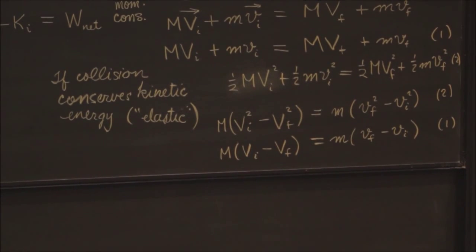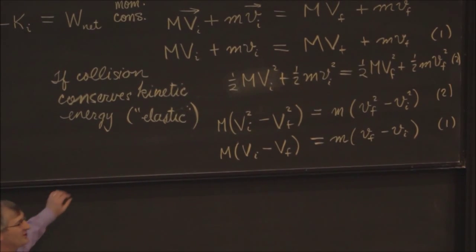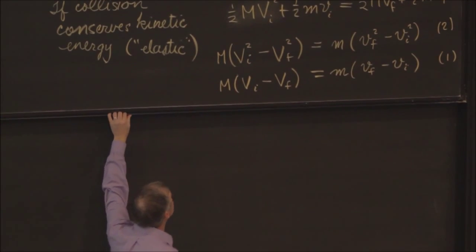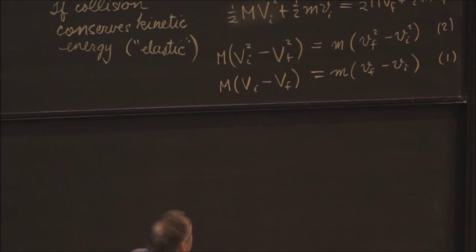Now, is there any way to simplify? You should, at this point, be having a Pavlovian response, which means you're salivating, you see an algebraic expression, and you have this urge to do what? To recall, because your algebra teacher told you that the difference between two squares can be factored.